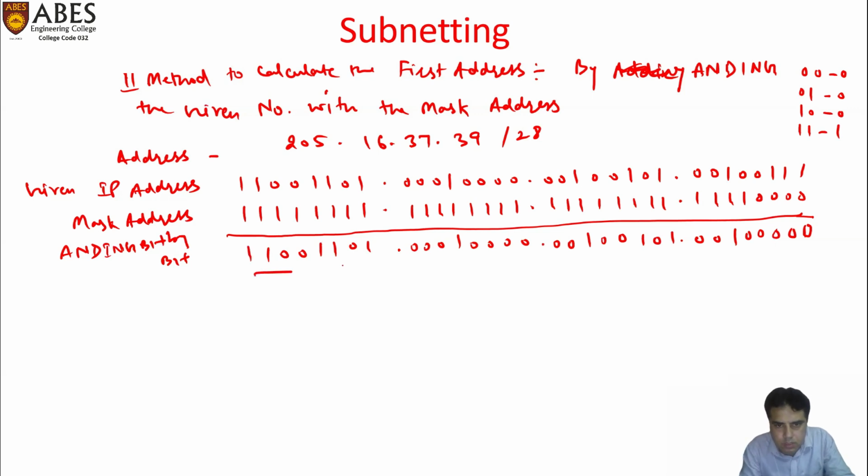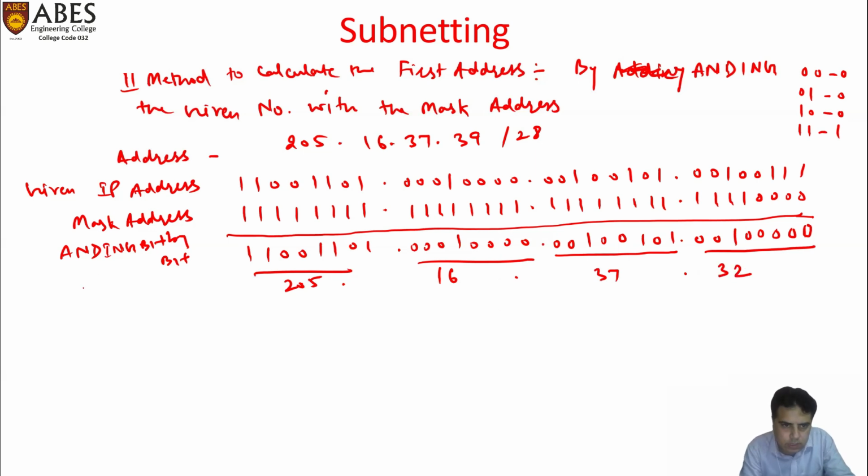If you convert it into decimal, it is 205.16.37.32. So this is the first address.